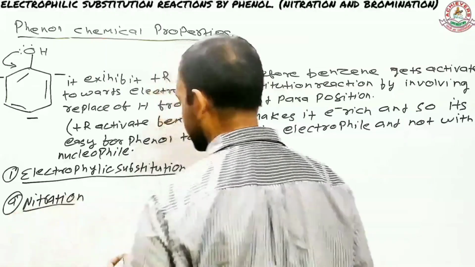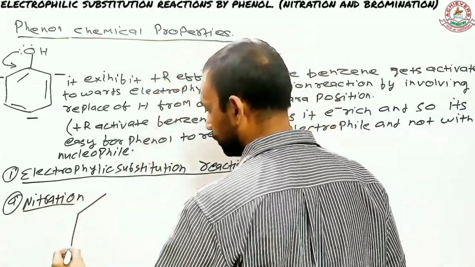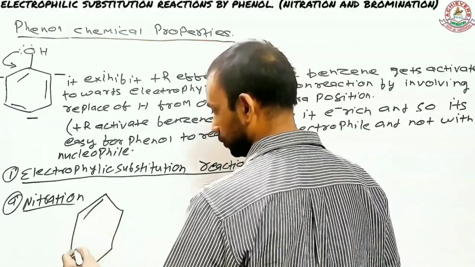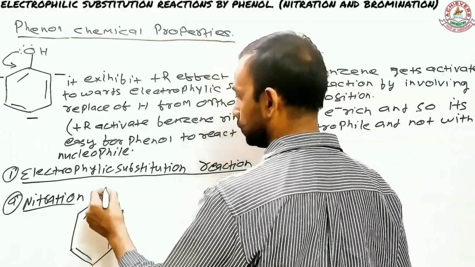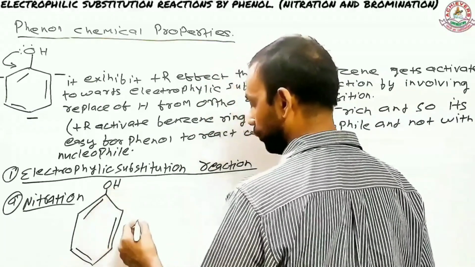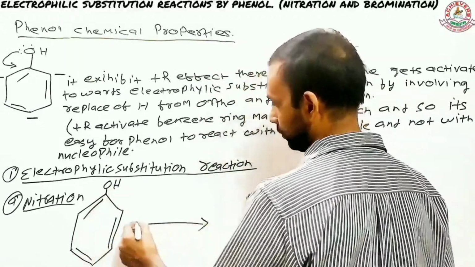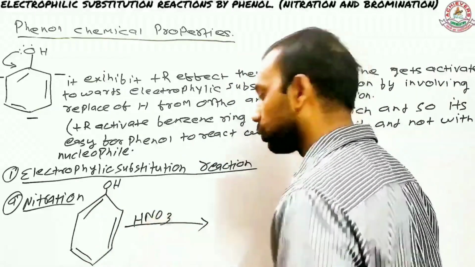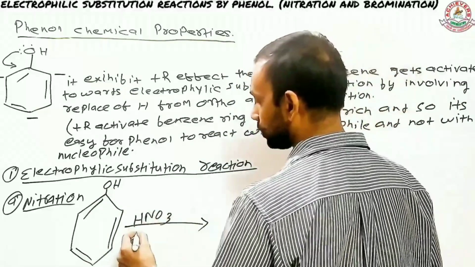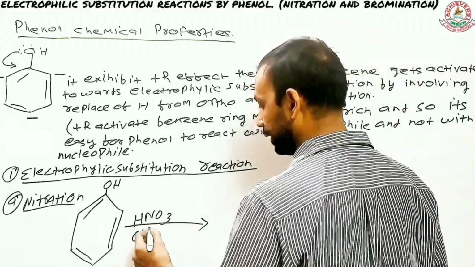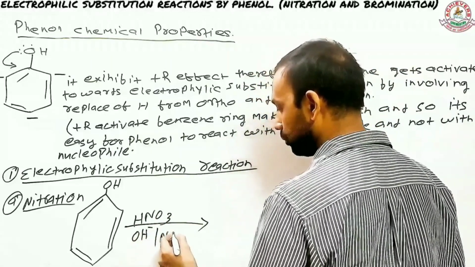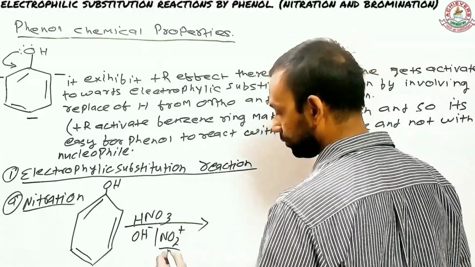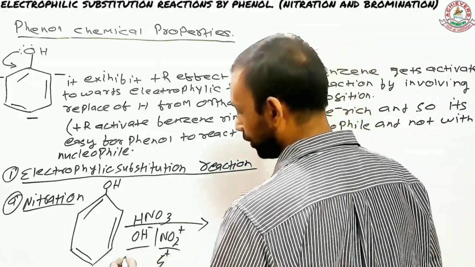In the nitration, what you have to do is react benzene with hydroxy group, so therefore it becomes phenol. You have to react the phenol with HNO3. Probably I have told you so many times earlier that HNO3 exhibits two ions, OH negative and NO2 positive. So this is the electrophile here and this is the nucleophile here.